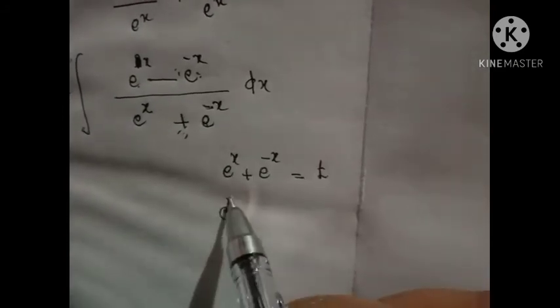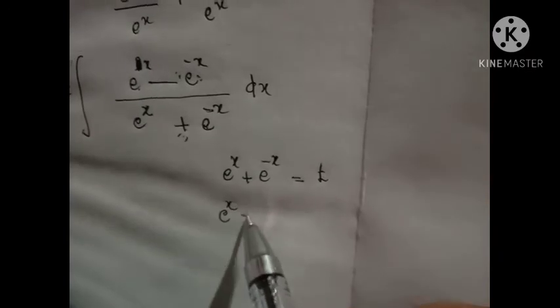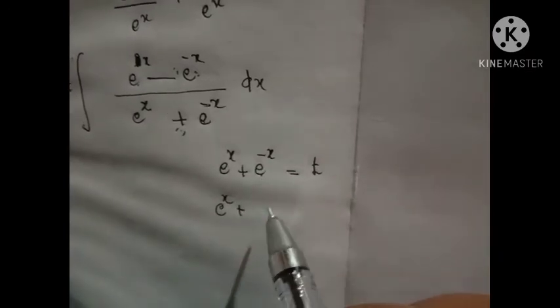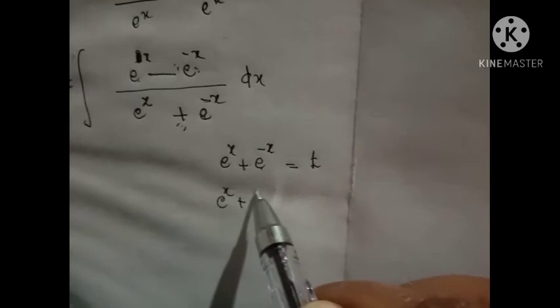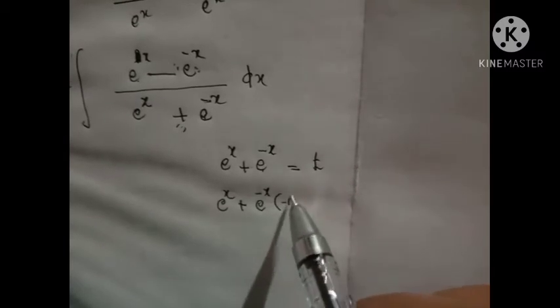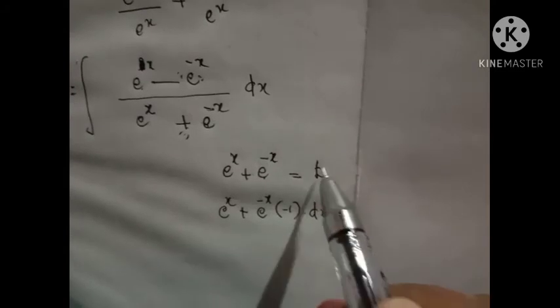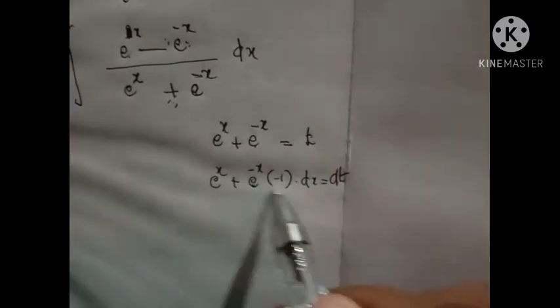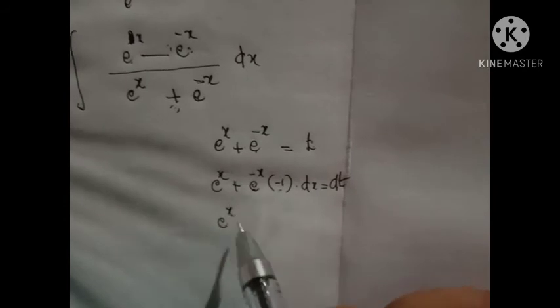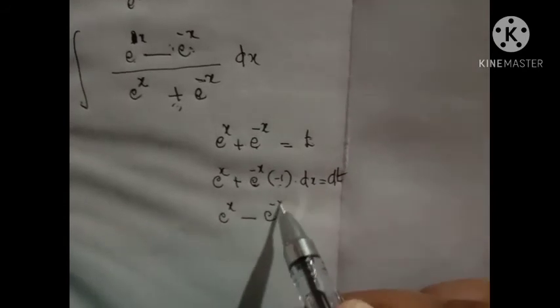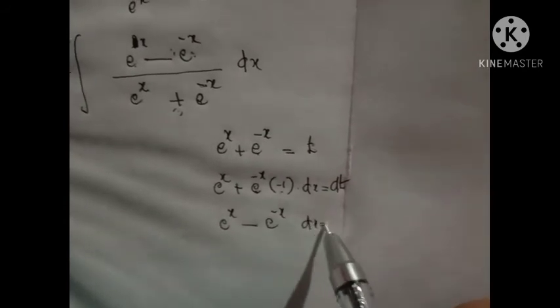The derivative of e raised to x is e raised to x, plus the derivative of e raised to minus x, which is e raised to minus x into minus 1, with respect to x, equal to the derivative of t, which is 1, that means dt. Now this becomes e raised to x minus e raised to minus x dx equal to dt.